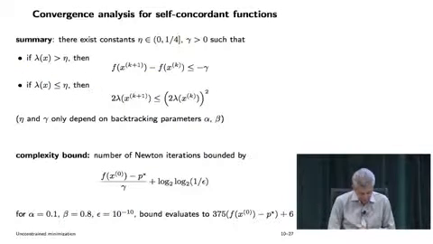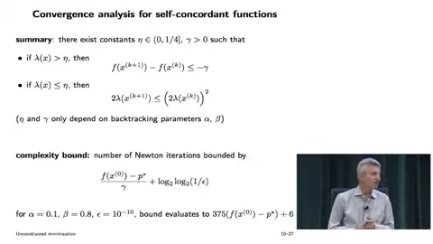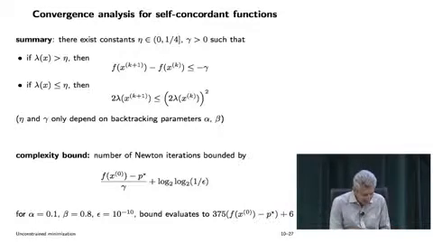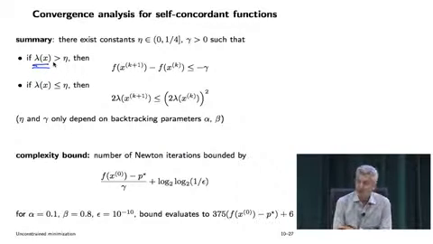So, okay. Now let's look at Newton's method. All the details are in the book, but we'll just see how this works. Remember how Newton's method worked in the classical analysis, which, by the way, also came from Moscow. Here's the difference. You look at the Newton decrement, that's lambda of x.